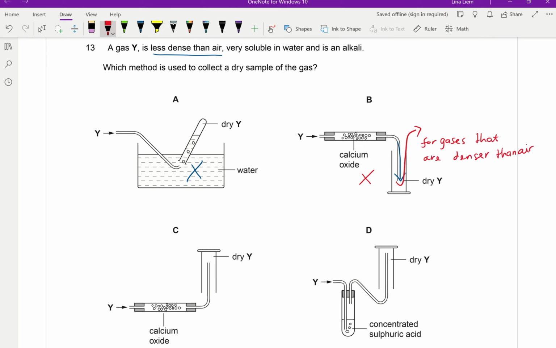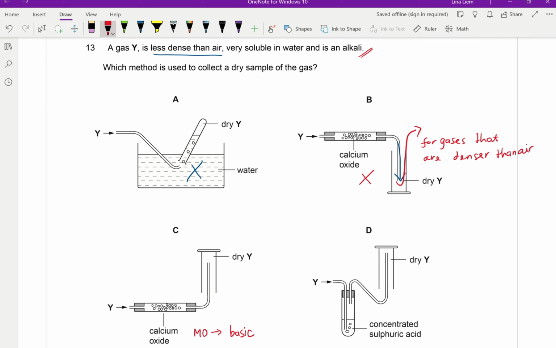Next, this gas is an alkaline gas, so it will not react with calcium oxide because calcium oxide is a metal oxide and metal oxides are usually basic oxides. So we can use calcium oxide, which is also a dehydrating agent, to dry the gas.